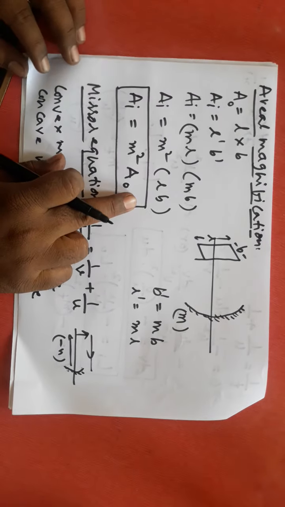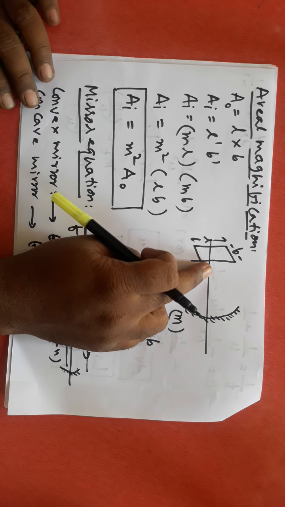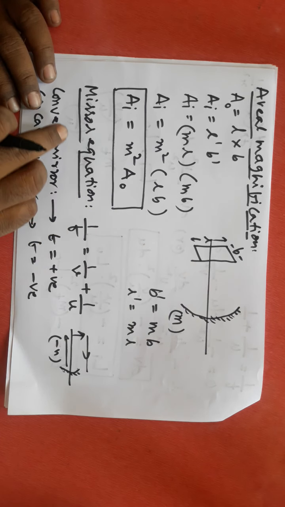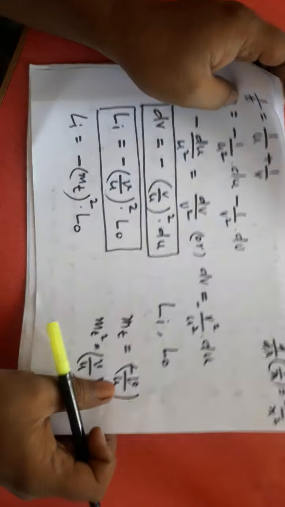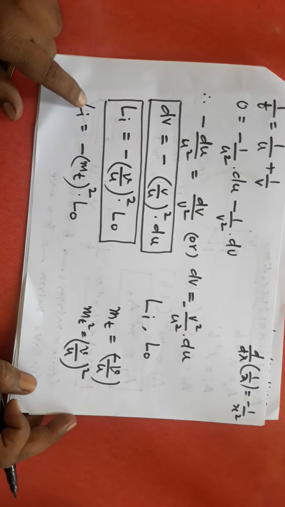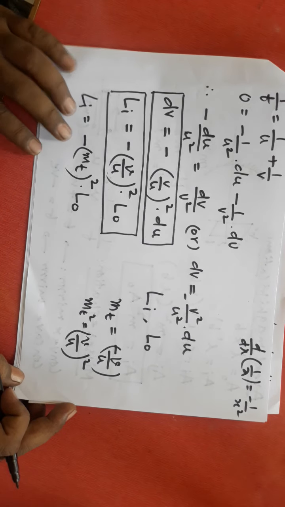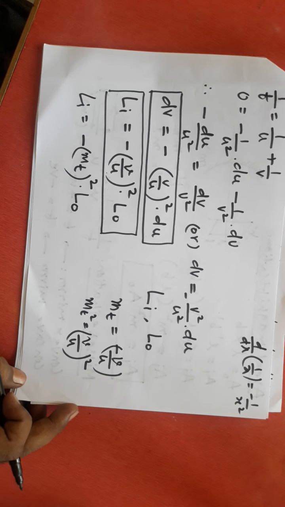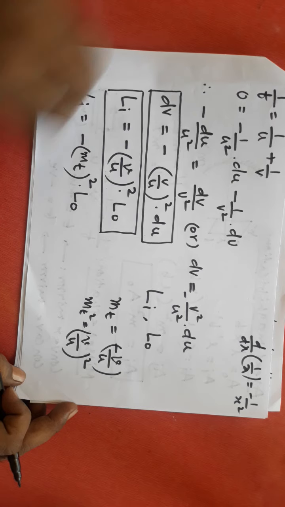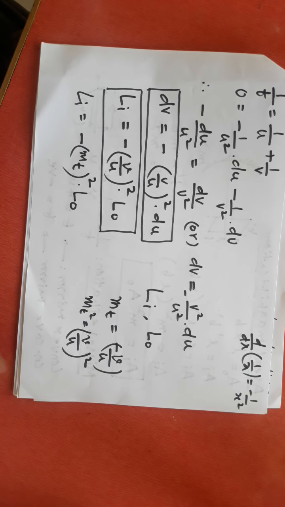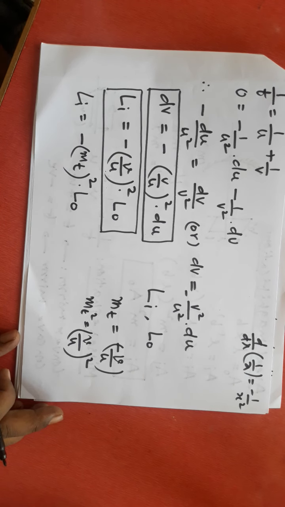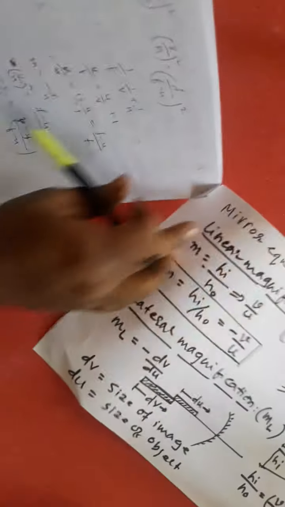This is areal magnification if area is given. This is about lateral magnification, used when the object is kept along the principal axis, and when it is kept perpendicular to the principal axis, then you will use transverse magnification.